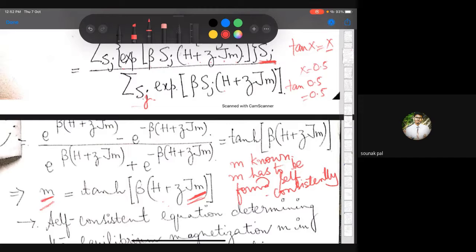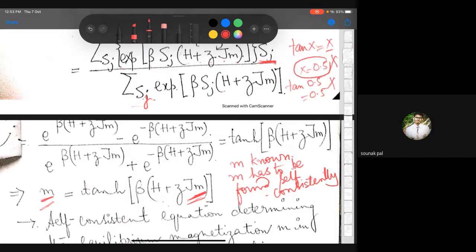If not, and surely it is not, then this is not a solution of this equation. So that is what it means to solve an equation self-consistently. You assign a value to the independent variable that is appearing on the right hand side, and the left hand side should give back the same value. If not, then you have not been able to solve the equation.